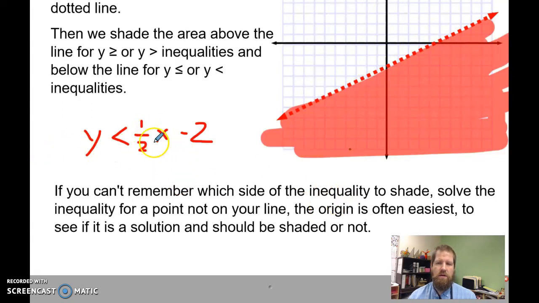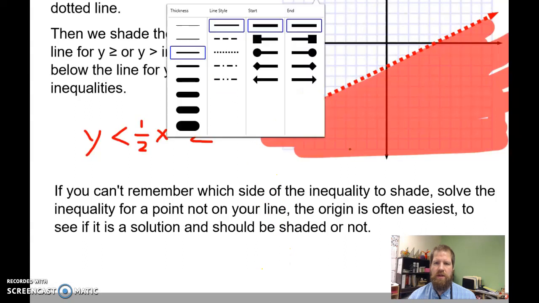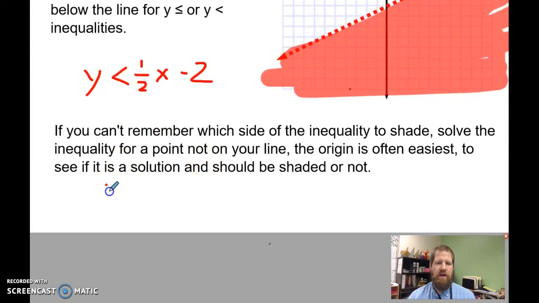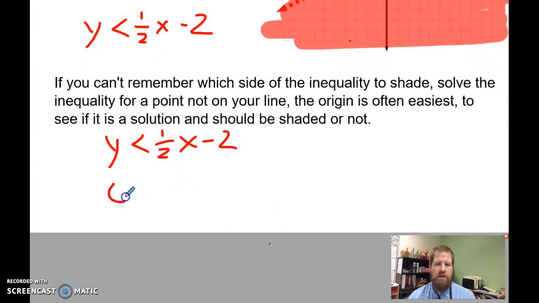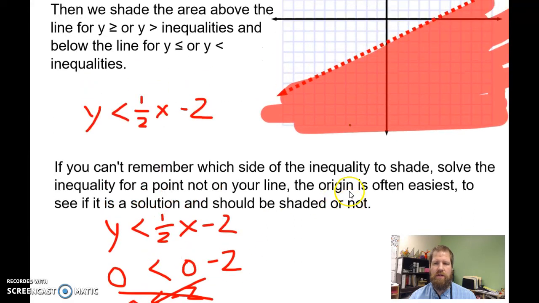So if I have y is less than 1/2 x minus 2, and I put in 0, 0 for my variables, 1/2 times 0 is 0. I would have 0 is less than -2. That's not a solution, because 0 is not less than -2.